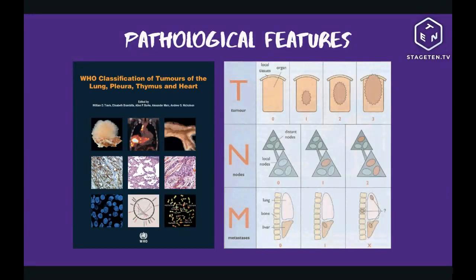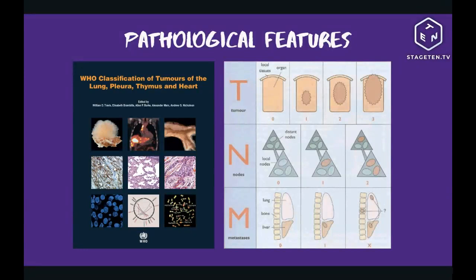T stands for the tumor. When we say T0, it usually means that no tumor is identified in the organ. T from 1 to 3 usually shows the size of the tumor present on the slide.